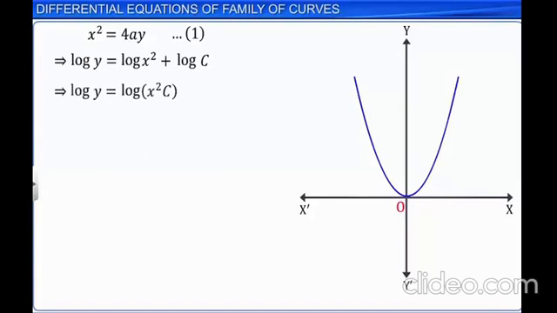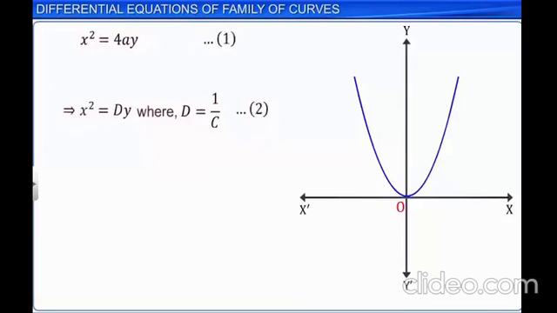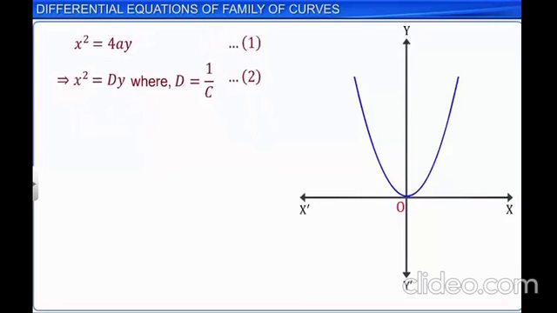Now taking anti-log on both the sides, we get y is equal to c into x square. This can also be represented as shown. Here d is the reciprocal of c and belongs to the set of real numbers. You will notice that this equation resembles equation 1. So the family of parabolas with variations in d is as shown.